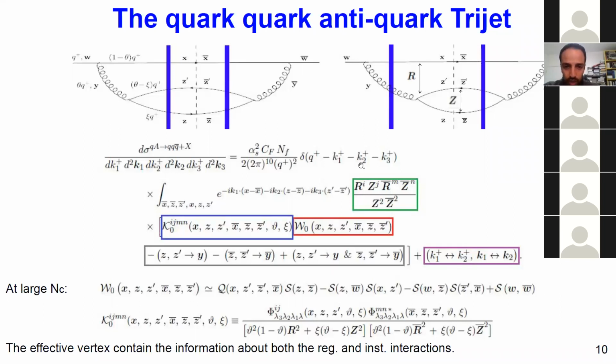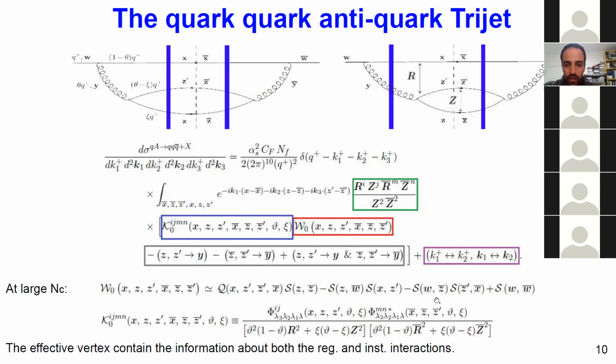We have some delta function. We have some exponent which comes from the Fourier transform. We have in the green box some bunch of Wilson lines. In the blue box, we have what is known as the kernel. This part will encode the time evolution of the scattering of the process.